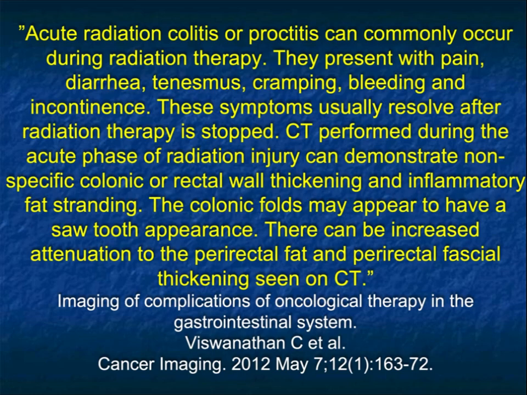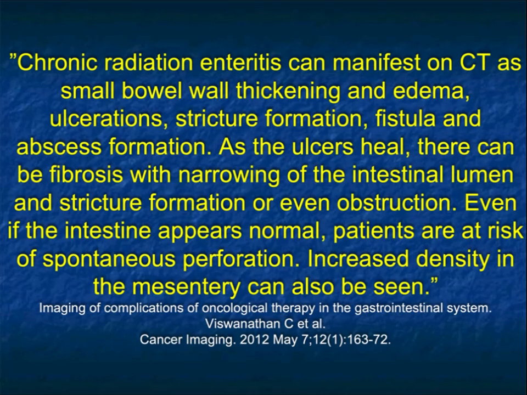Again, things like cervical cancer, where you get high pelvic radiation, and rectal cancer are all common processes. Chronic radiation enteritis can manifest on CT as bowel wall thickening and edema, ulceration, strictures, fistula, and abscess formation. As the ulcers heal, there can be fibrosis and narrowing of the lumen, and stricture formation or even obstruction can occur.